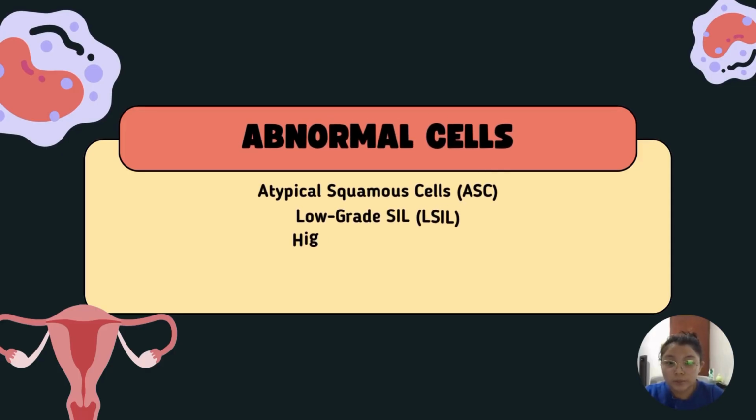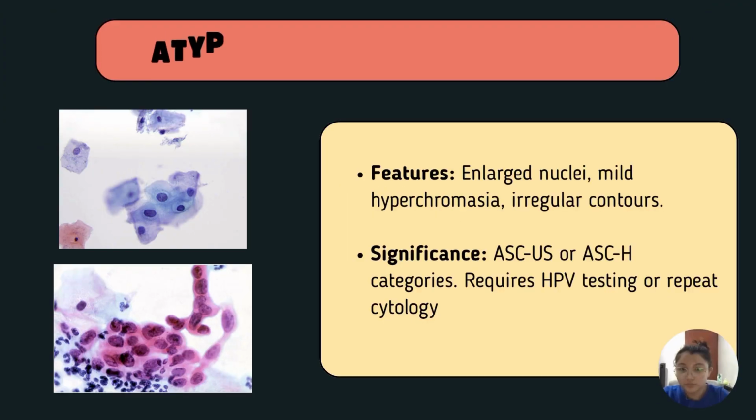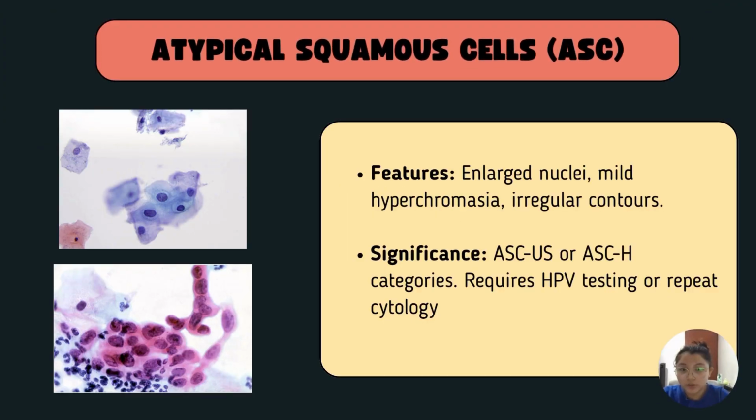Moving on to the abnormal cellular findings, which are categorized using the Bethesda system. Atypical squamous cells, or ASC, show mild nuclear enlargement, slight hyperchromasia, and irregular nuclear contours. ASC-US indicates undetermined significance, while ASC-H suggests that high-grade lesions cannot be excluded.